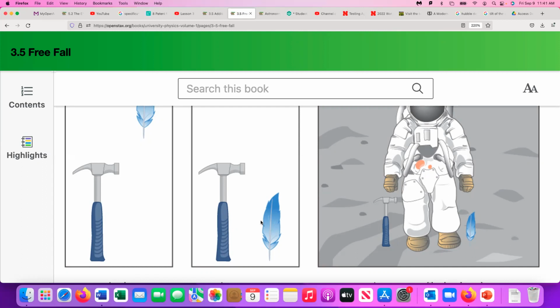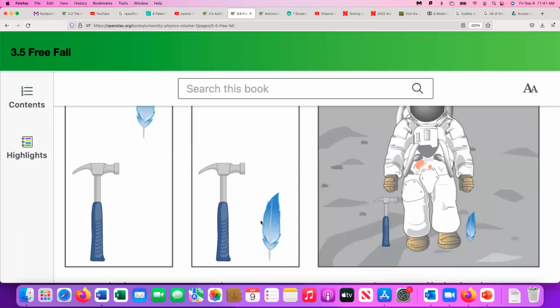That's because the weight and the aerodynamics of the hammer allow it to overcome the forces from the air, whereas a paper is very lightweight and has a huge surface area, so it is affected a lot by the air resistance upward.